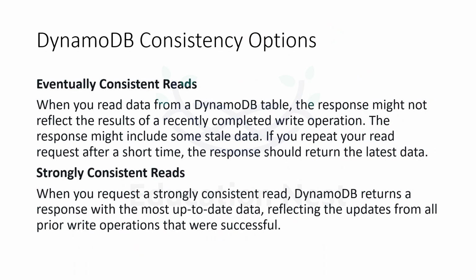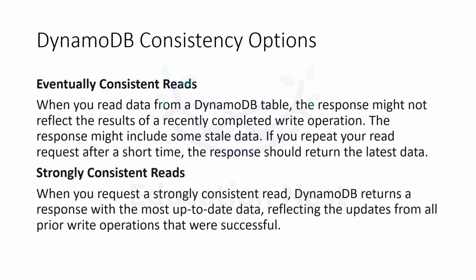The next topic that we are going to talk about is DynamoDB consistency options. So there are two types of consistency models over here. As you can see, we have eventually consistent reads and we have strongly consistent reads.